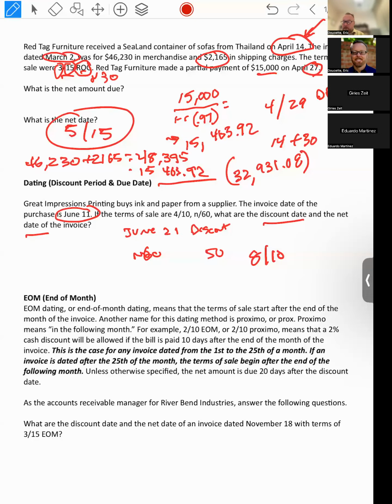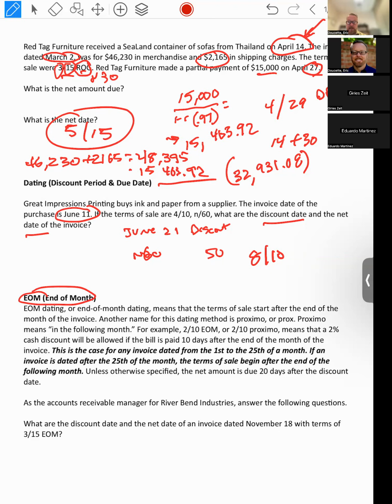The last one is a little more complicated, and it's really not as complicated as it may seem when I start to first talk about it. Basically, this is called end of month terms, and all that it means is that they're trying to give the purchaser a little more time to pay for their invoice.